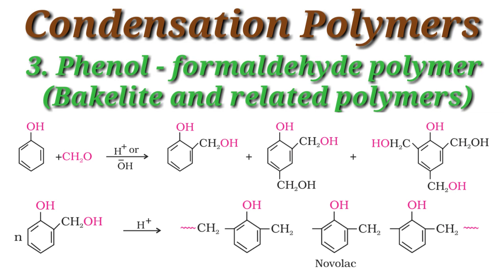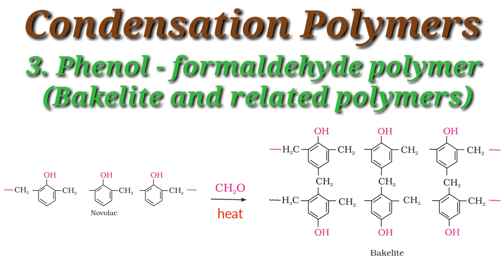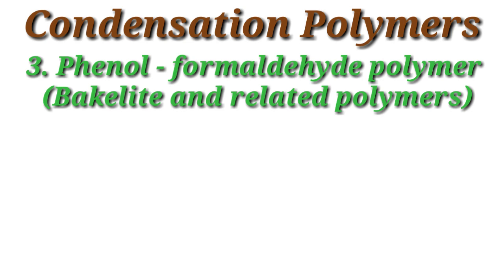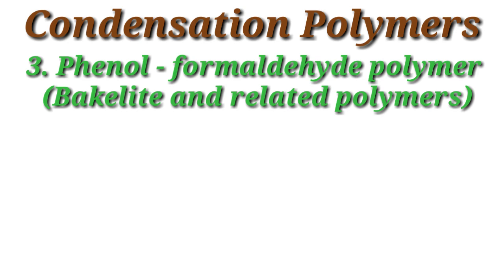The product obtained is called Novolac, which is used in paints. Novolac on heating with formaldehyde undergoes cross-linking to form an infusible solid mass called bakelite. It is used for making combs, phonograph records, electric switches and handles of various utensils.